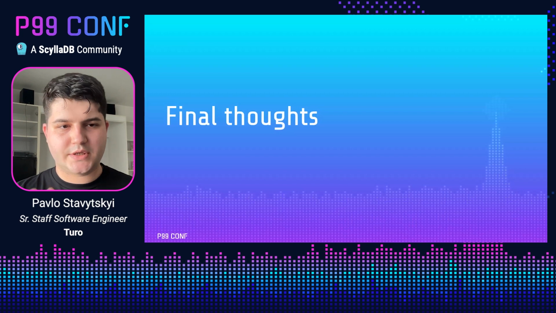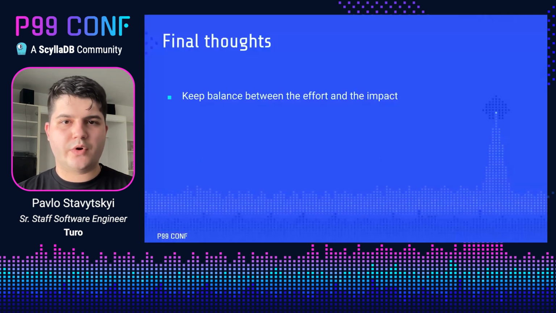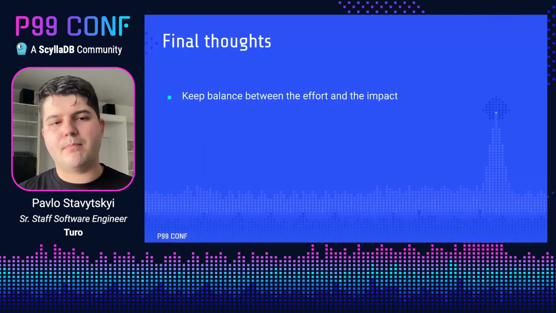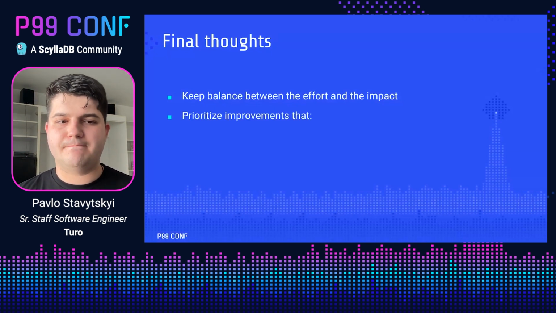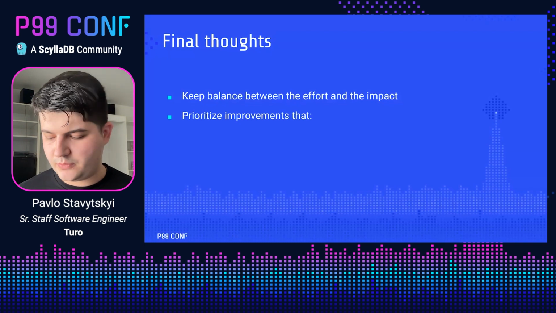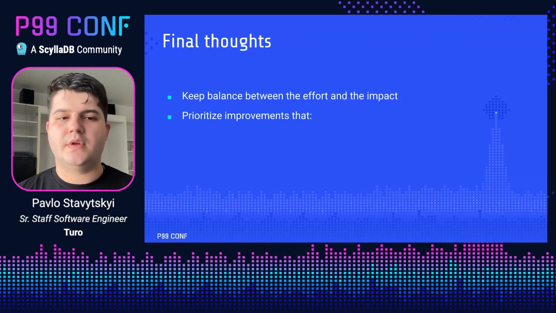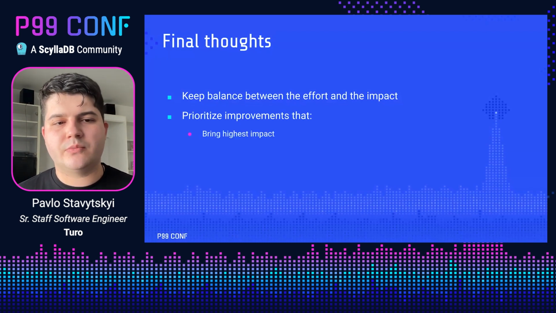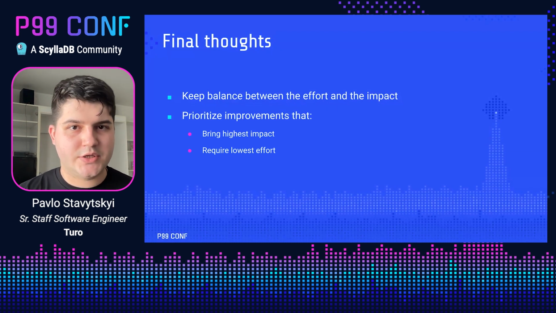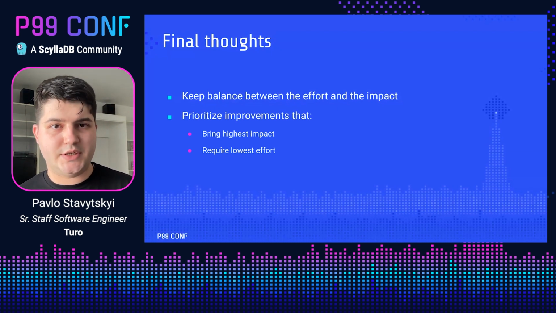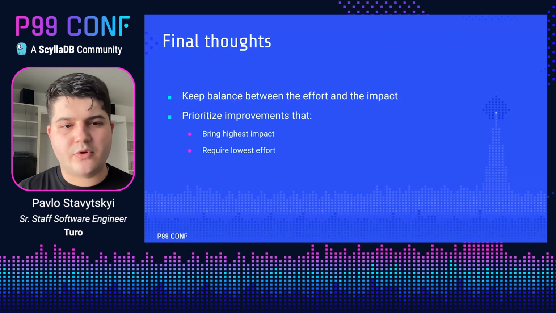So let's conclude. I think when working on performance, it's important to keep a balance between the effort and the impact, because we don't have all the time in the world. We usually have some other work that we need to do, and it's important to prioritize improvements that bring the highest impact but also require the lowest effort, especially if you are not part of the infrastructure team and you're working on some product team and this is your side project.